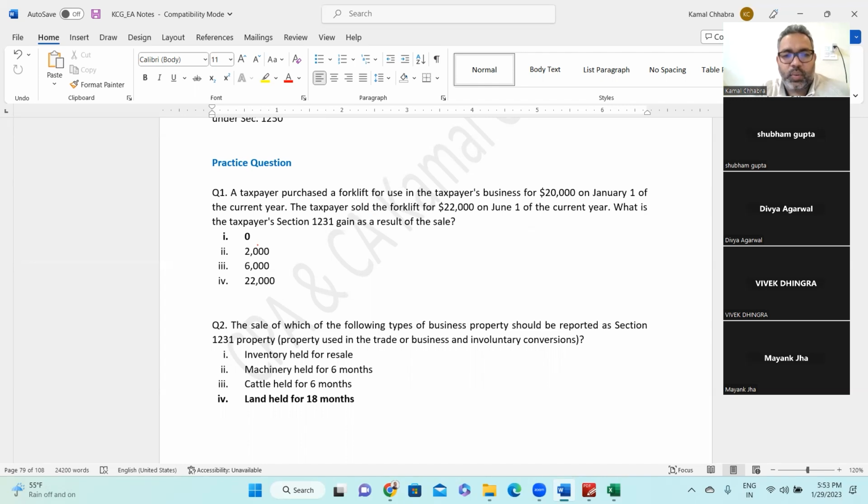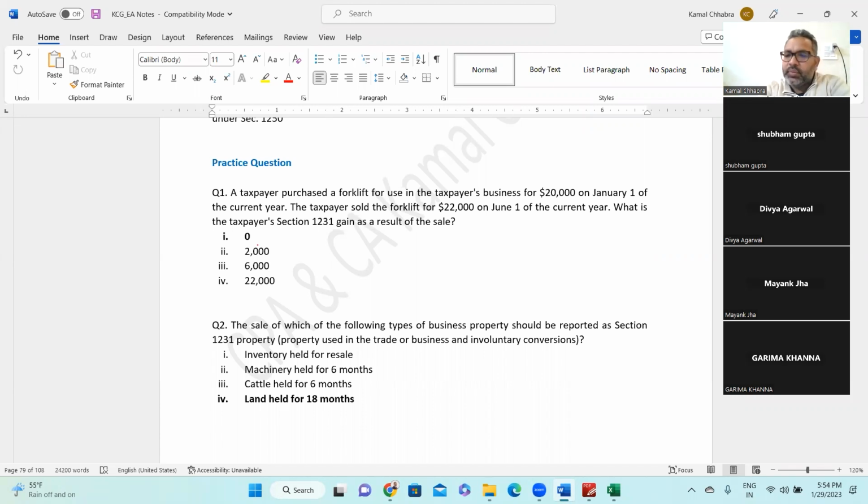What is the taxpayer's section 1231 gain as a result of the sale? 20,000 was the purchase price and 22,000 was the sales price. What is the section 1231 gain or loss? It's been sold within 1 year, so section 1231 does not apply.